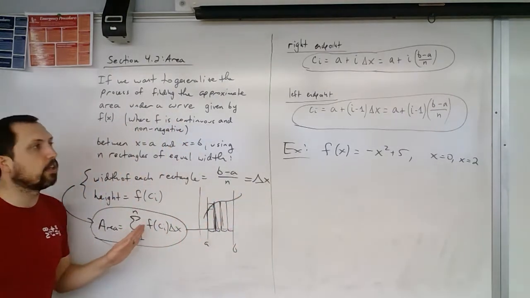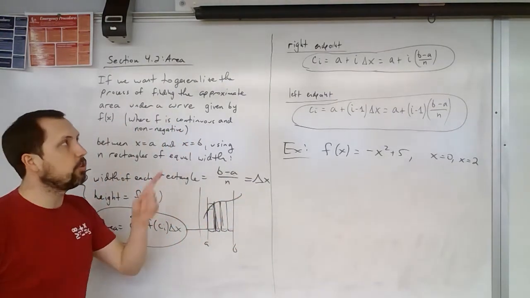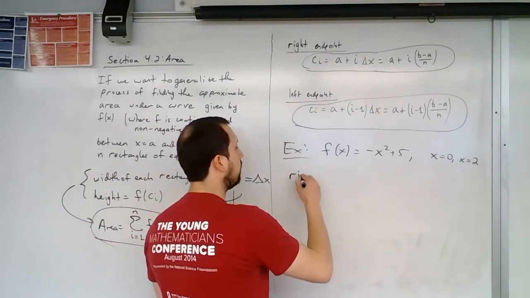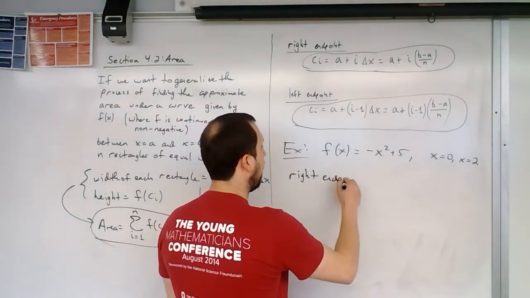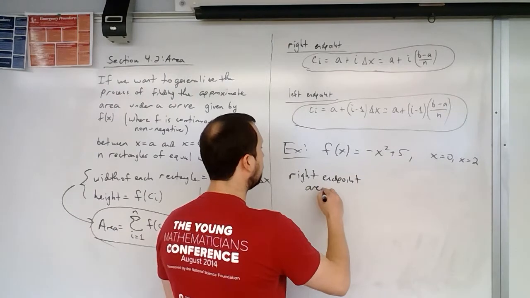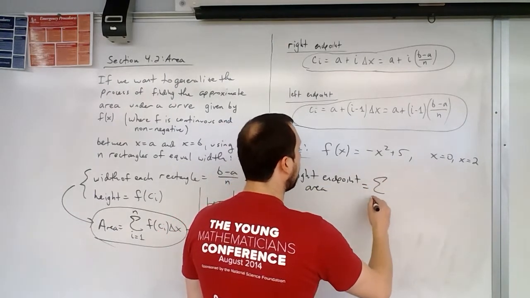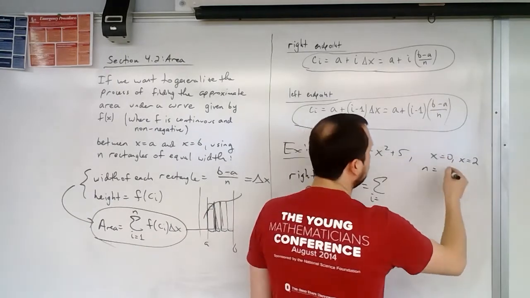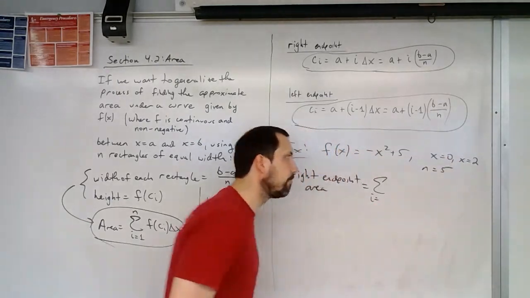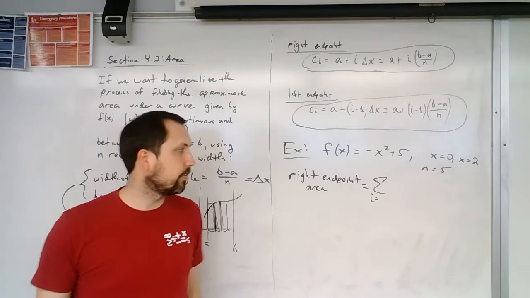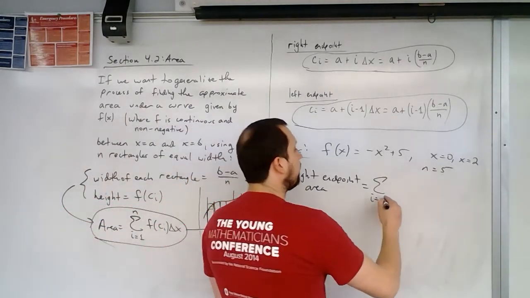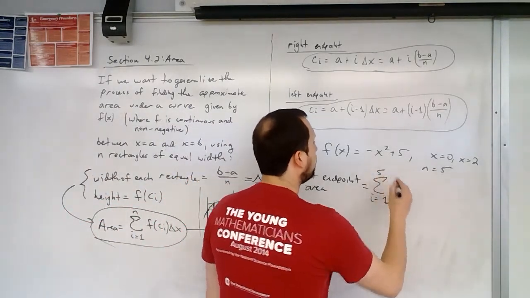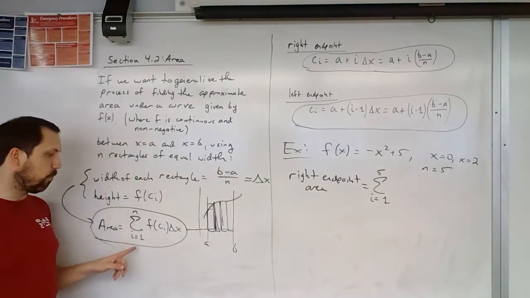Using these formulas now, if I want to use the right endpoint area, this is going to be the sum. And if we're going to use, say, n equals 5, we'll do 5 rectangles. i is going to go from 1 to n, which in this case is 5.